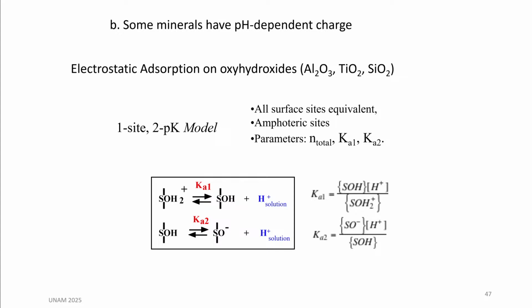When you are at a more basic pH, then both of these reactions are drawn to the right because you are eliminating protons, and that will destroy the positive charges, and that will make some negative charges. So at basic pH, the surface will be negatively charged.